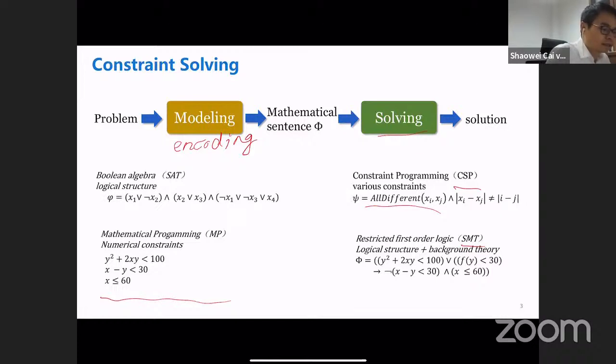And in SMT, we take care of a restrictive form of first order logic, because generally first order logic cannot be decided by computers. So we only take care of first order logic with respect to some certain background theory. So in this part, we combine a logical structure with some background theory.